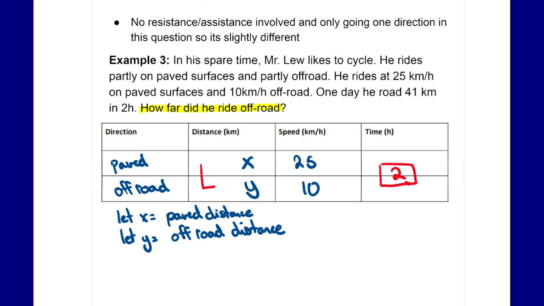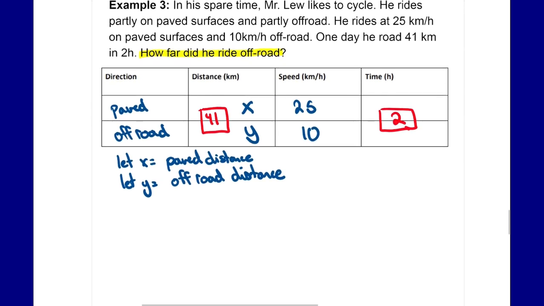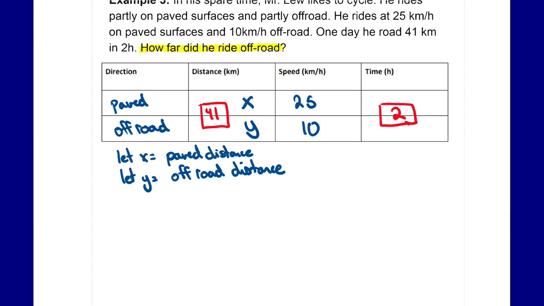Just like for distance, we only know the total, which is 41. So it's a little bit different because we only know totals. We don't know the individual components. But we can use this to help us come up with our two equations. So the first equation is going to be an easy one. Our unknown distances, x plus y, has to equal 41.